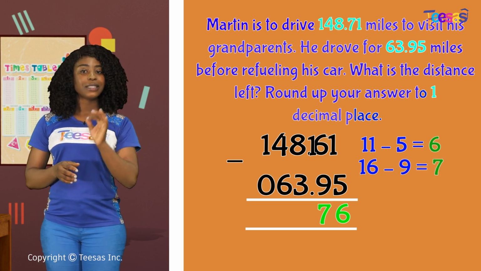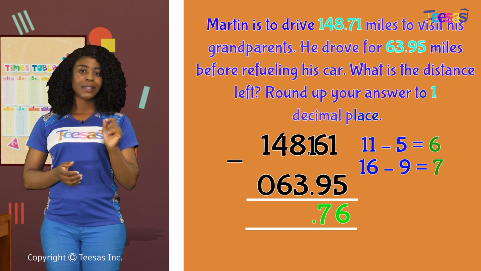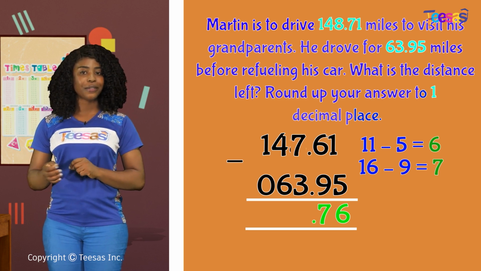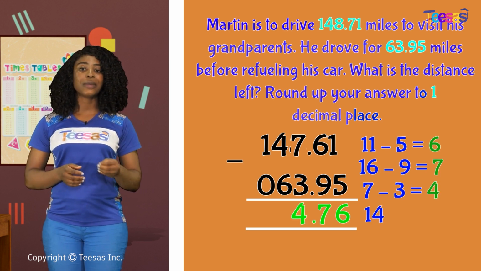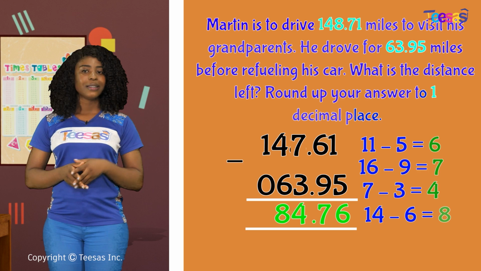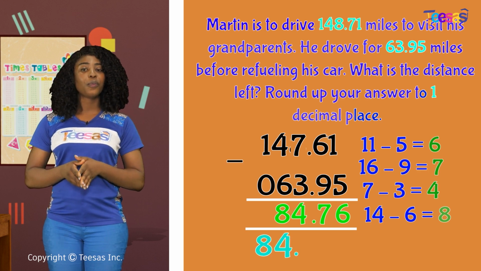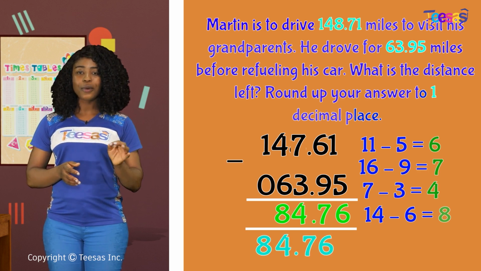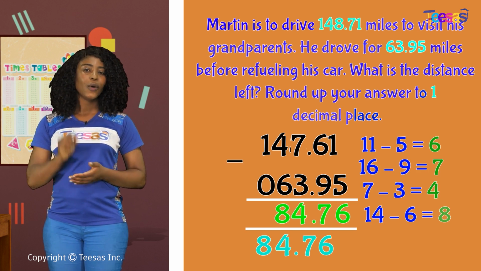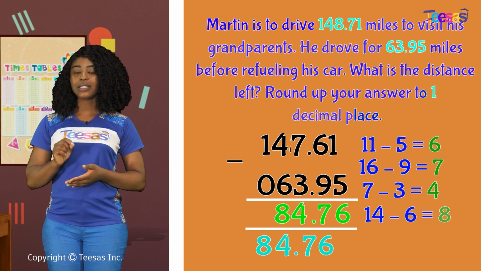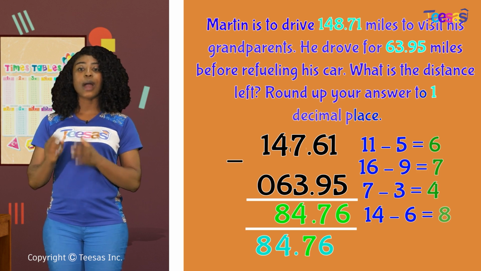Now bring down the decimal point. 8 has been reduced to 7, so 7 minus 3 is 4. And 14 minus 6 is 8, so the answer is 84.76.